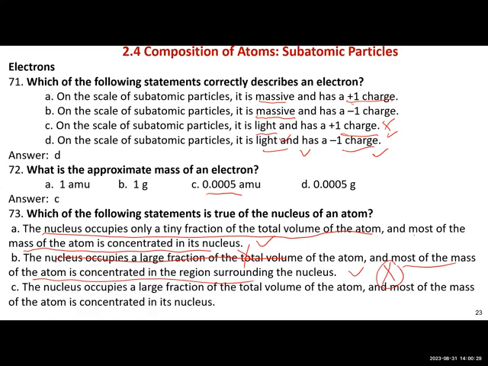So you go to the C. The nucleus occupies a large fraction, that's false, and most of the mass of the atom is contained, that's true. Therefore, this whole statement is false. So the answer we end up with is A.